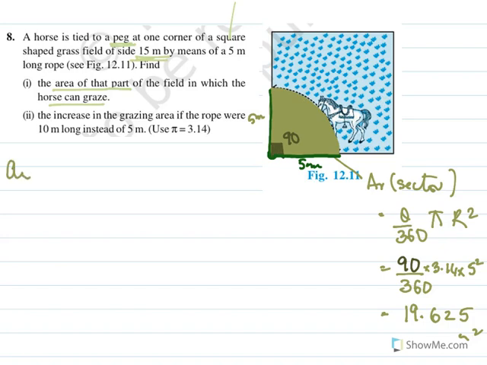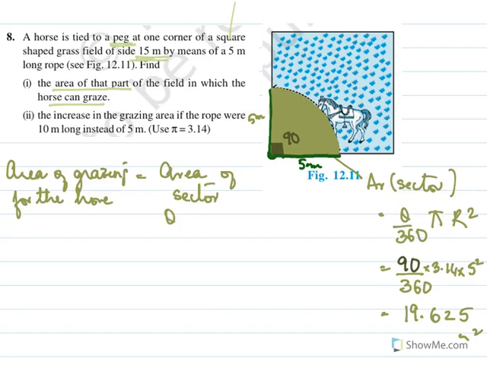So here, of course, you need to write area of grazing for the horse is equal to area of sector, where theta is 90 and r is 5 centimeters, that is the length of the rope.